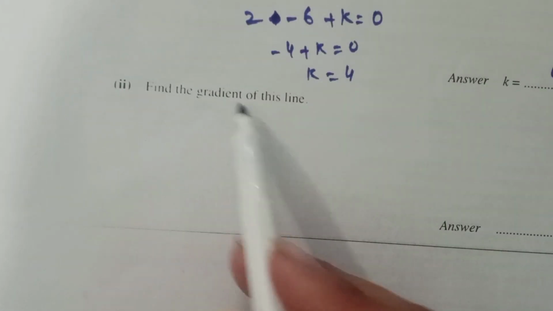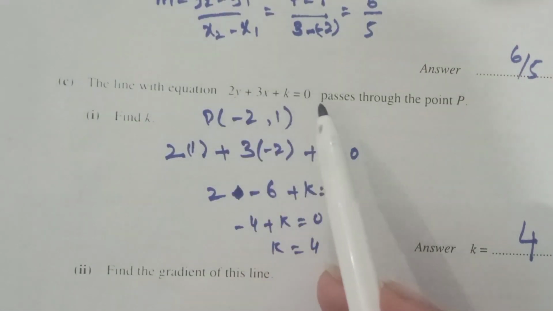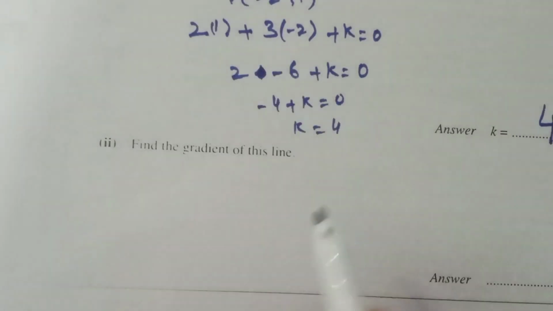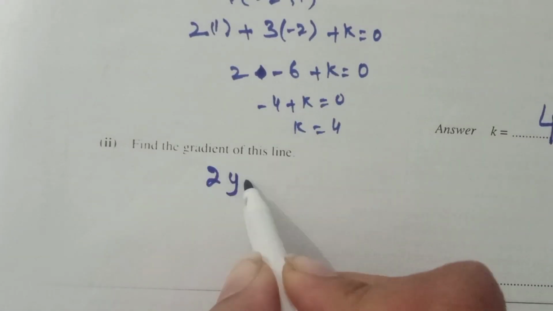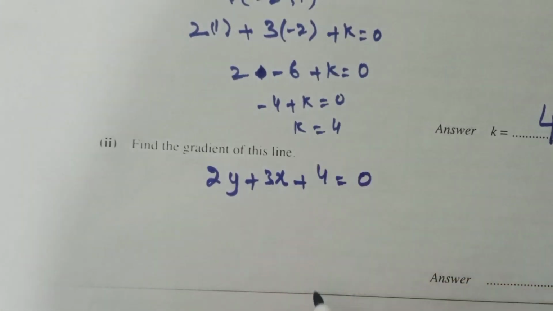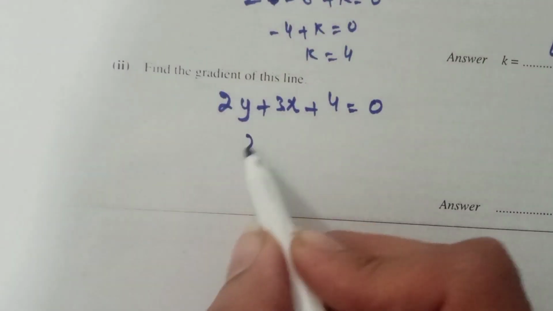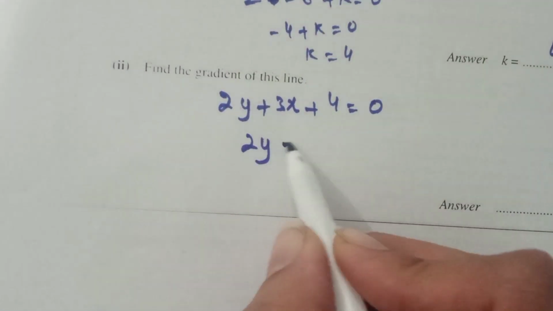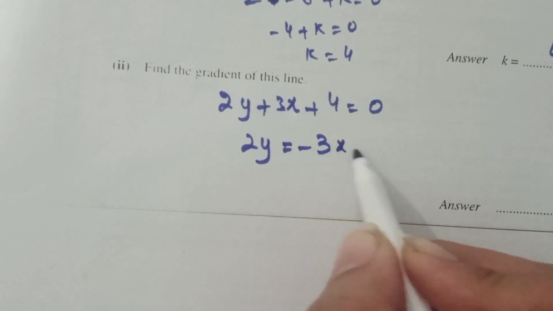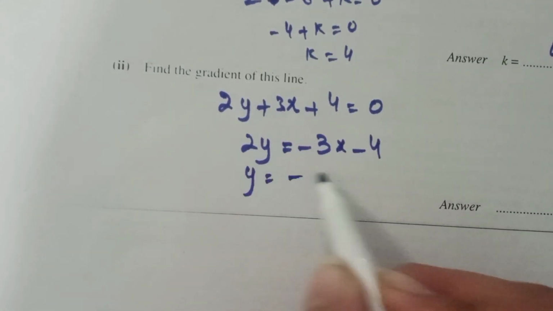The second part: find the gradient of this line. We know the value of K, so we put it in the equation: 2y plus 3x plus 4 is equal to 0. Now arrange this equation: minus 3x minus 4, and divide the equation by 2.